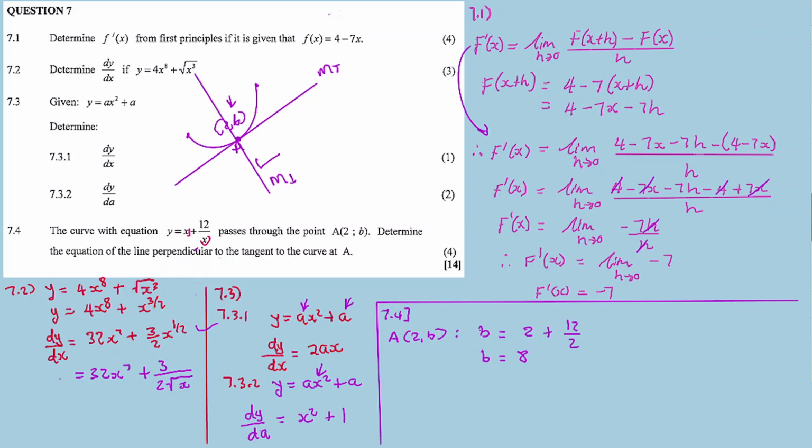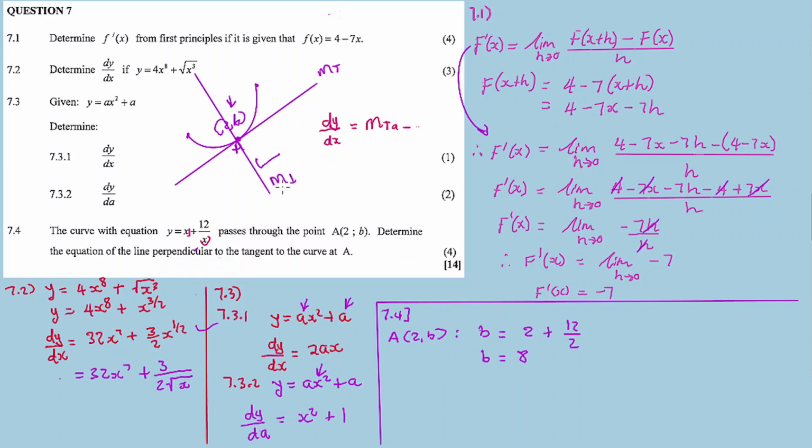Now look, it says I want the equation of the line perpendicular to the tangent at A. Back to the curve. The first derivative of the curve will give us the gradient for the tangent. Why do I need the gradient for the tangent?